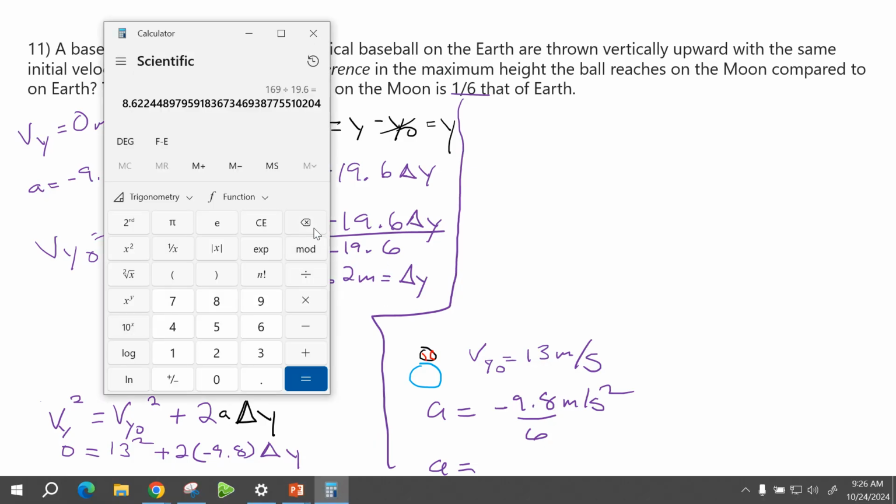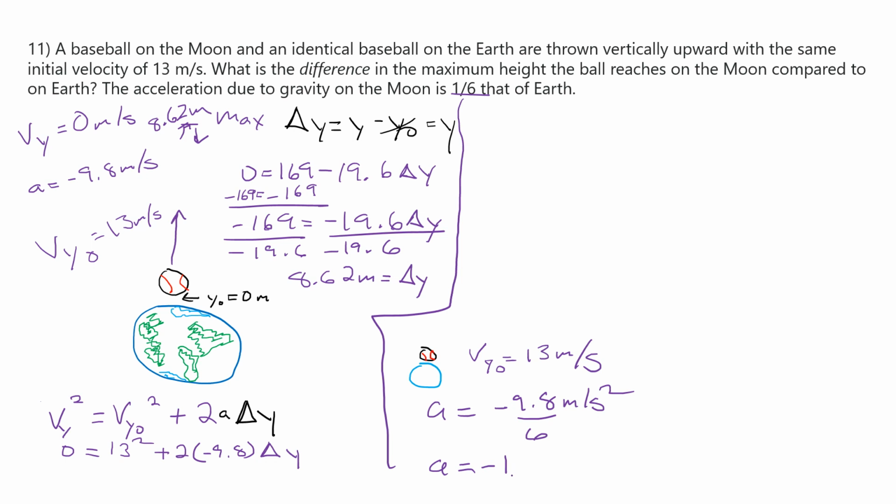Which if I remember right, is like 1.63. 9.8 divided by 6. Yeah, 1.63. So this is a negative 1.63 meters per second squared.